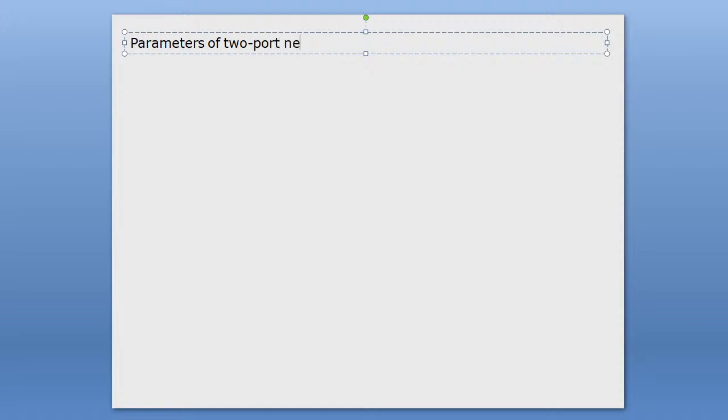If you have any confusion or doubt about the difference between two-port and single-port networks, just tell me. Now we will discuss the parameters of a two-port network.